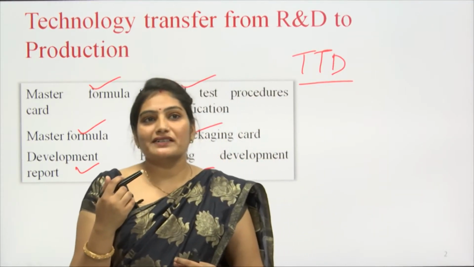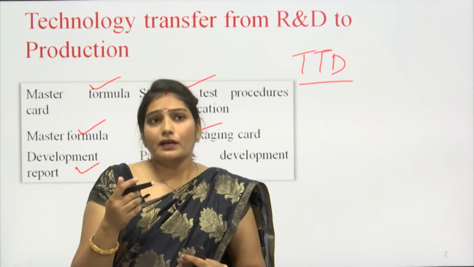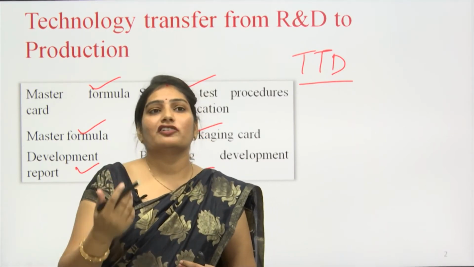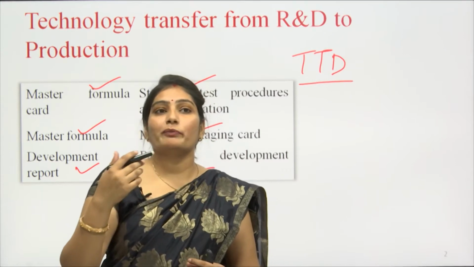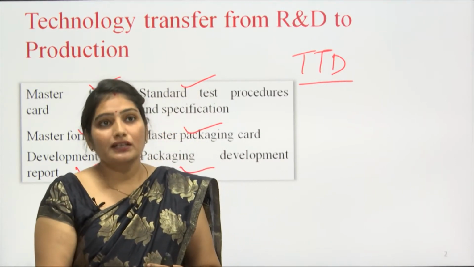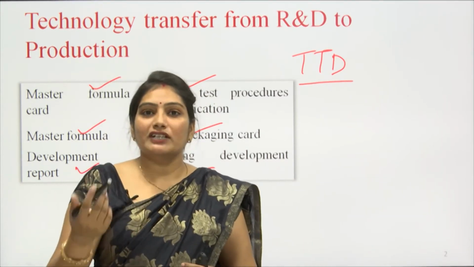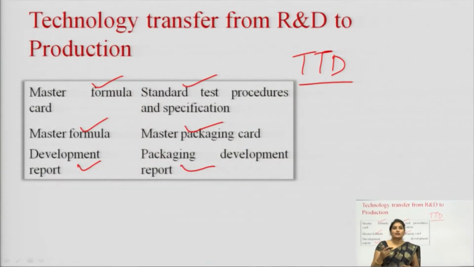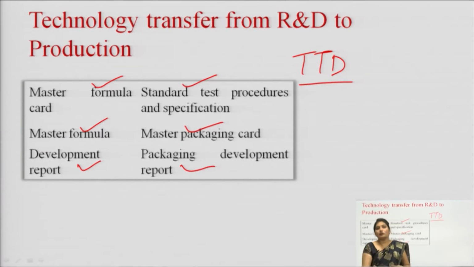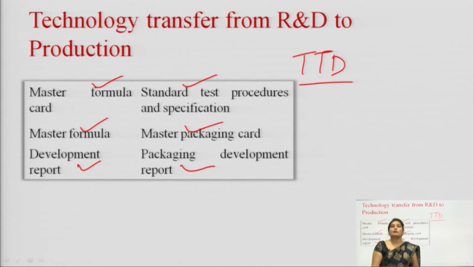Master packaging card. In the master packaging card, it will give the information about the packaging component: which type of packaging component you are using for the packaging of the pharmaceutical product, what is the stability profile of the packaging component, what is the shelf life of the packaging component, what are the various features of the packaging component.